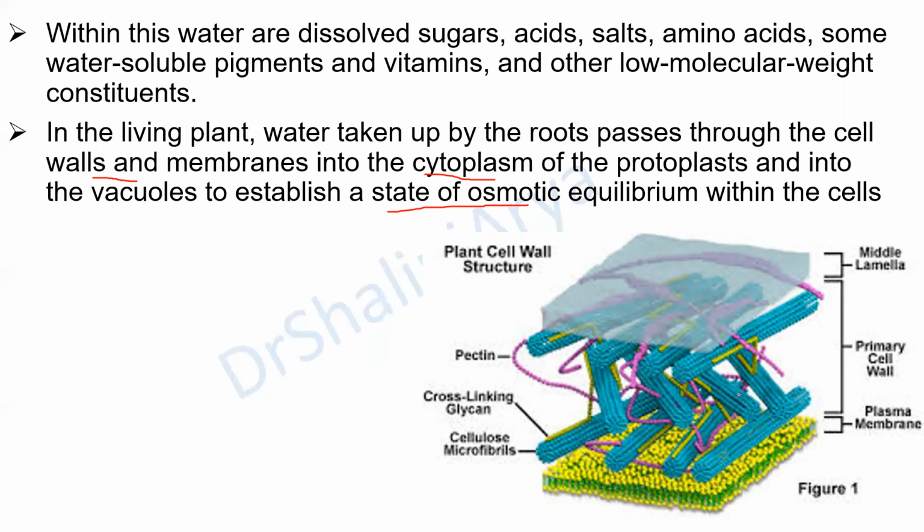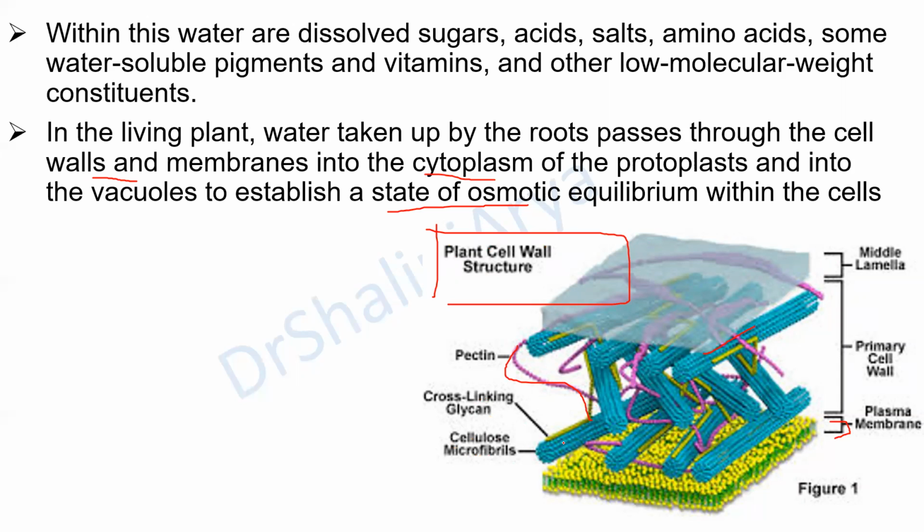again in this figure, you have this plasma membrane, you have this primary cell wall, and then there is a middle lamella. So this is basically a plant cell wall structure, in which these are the pectins, the purple colored ones, and these are the cellulose microfibrils.